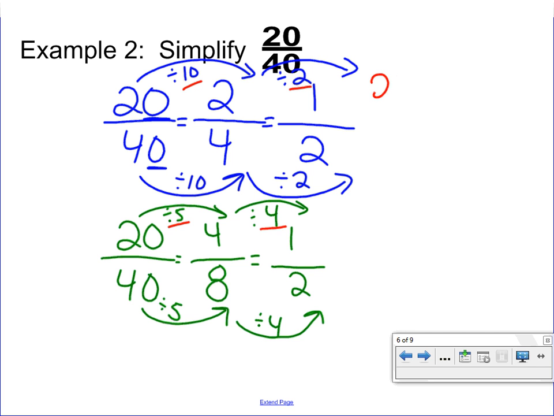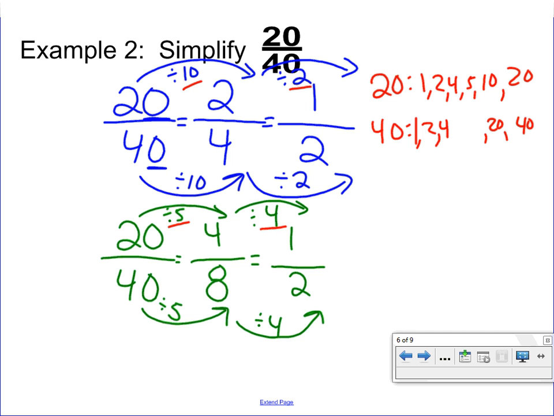If I do my factors of 20 and 40: 1 and 20, 2 and 10, 4 and 5; 1 and 40, 2 and 20. Sorry, it's getting a little small here. 4 and 10, 5 and 8.